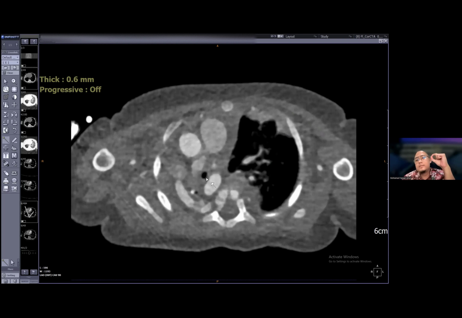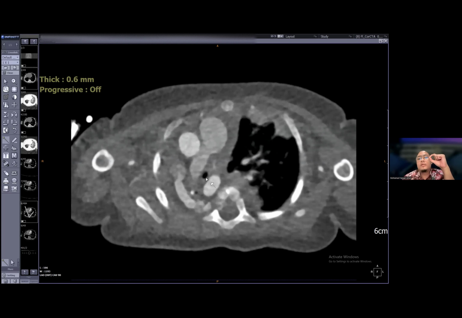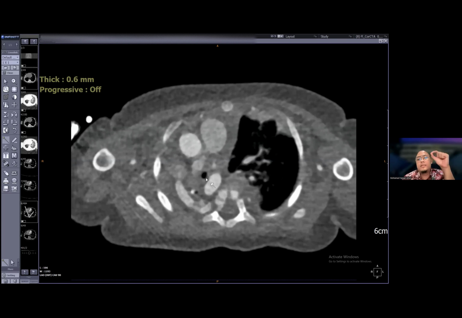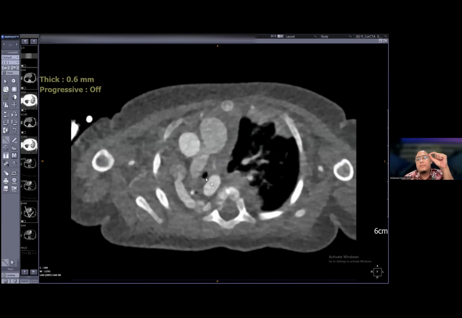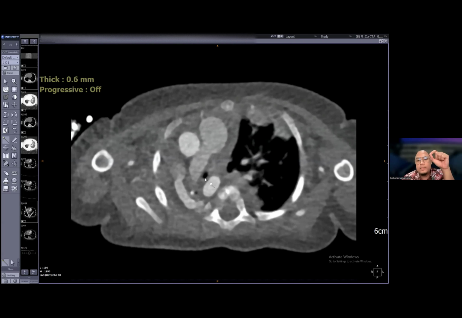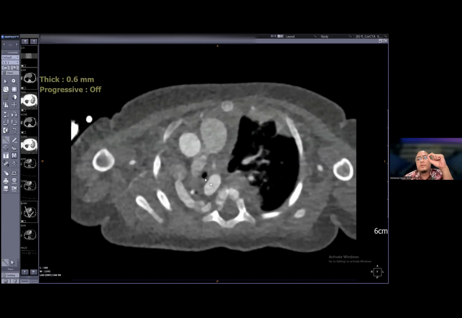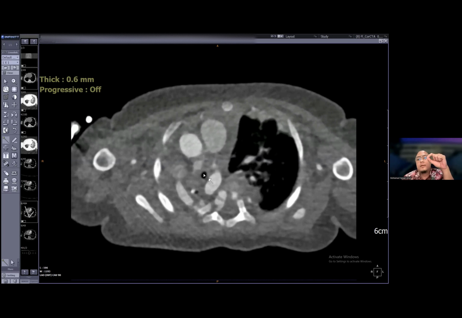So the surgeon needs to know, not only to make adjustment of the vessels or the great artery, but they need to make sure about the trachea, to release the stenosis.